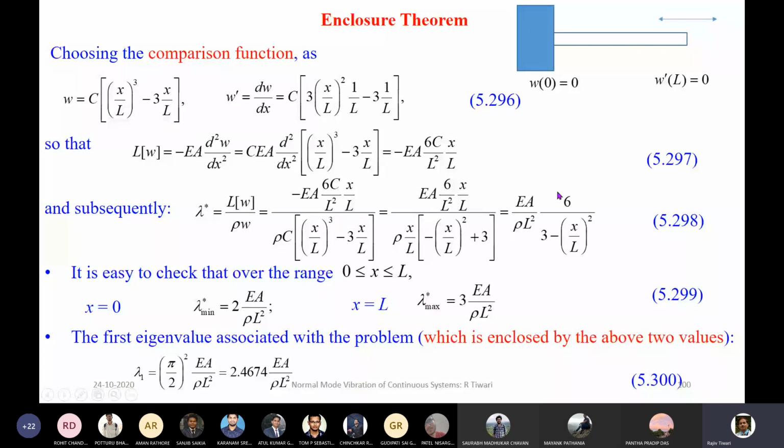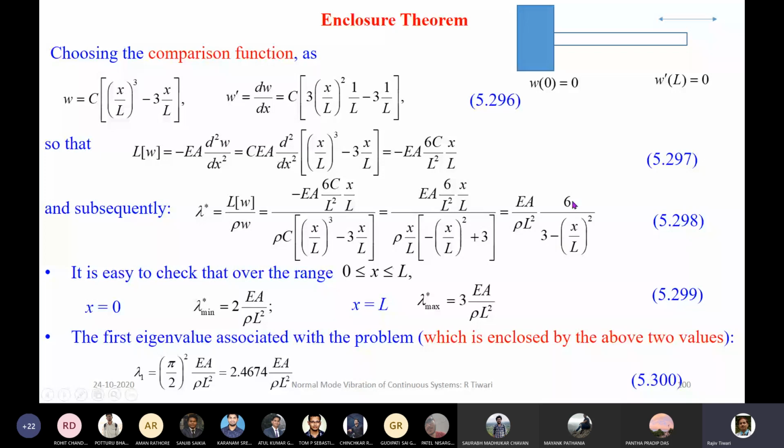Now you see that it contains x, and x can vary from 0 to L. So if we put 0 here, we'll get 2a by rho L square. If we put L here, this will be 3.